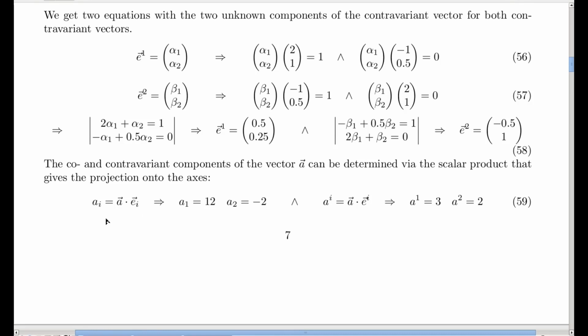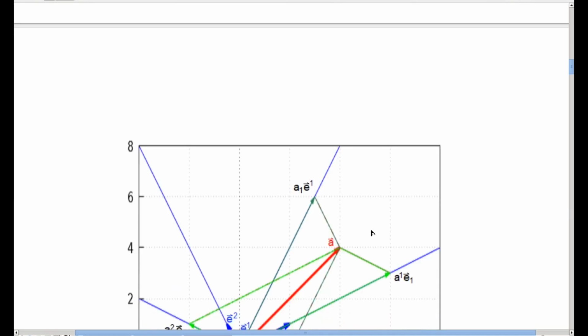So A1 covariant is 12 and A2 covariant is -2. For the contravariant coordinates we get A1 is 3 and A2 is 2. And now we draw that in a diagram to see what happened here.